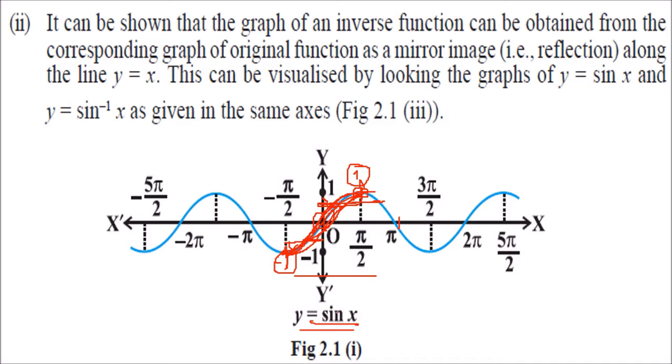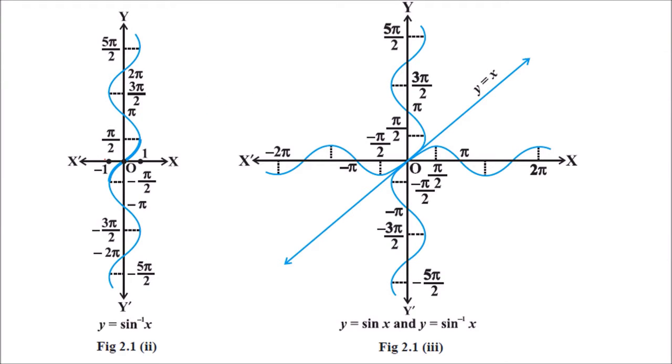And what is the domain of sine theta? All real numbers. But for sine inverse, we will not take all real numbers. We will restrict ourselves to minus pi by 2 to pi by 2. I am just interchanging the x-axis with the y-axis.